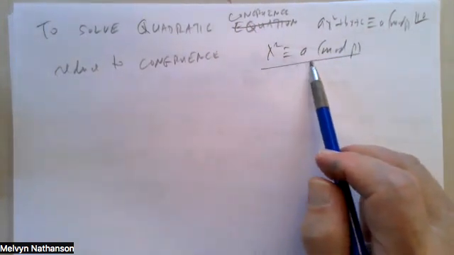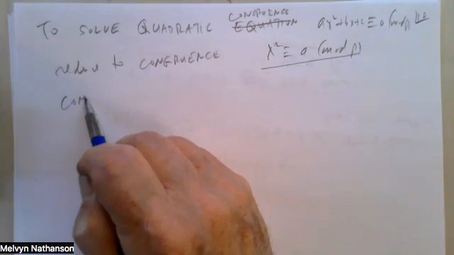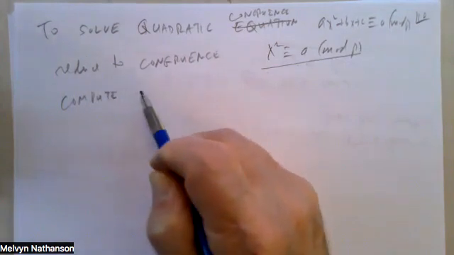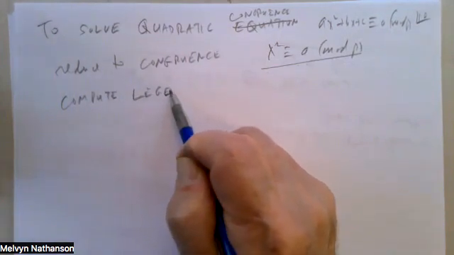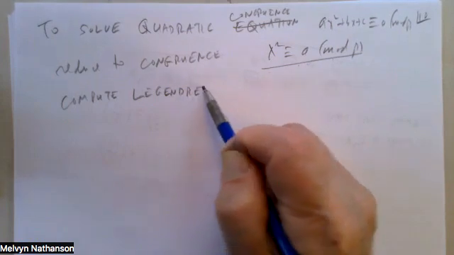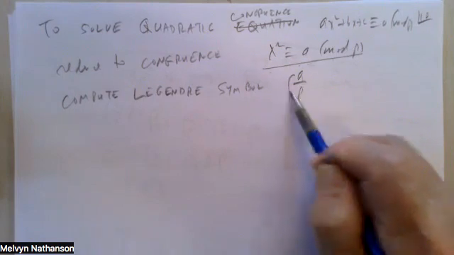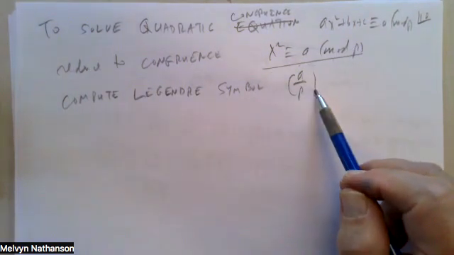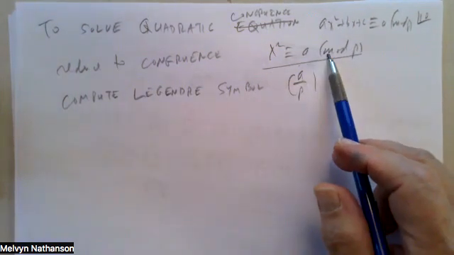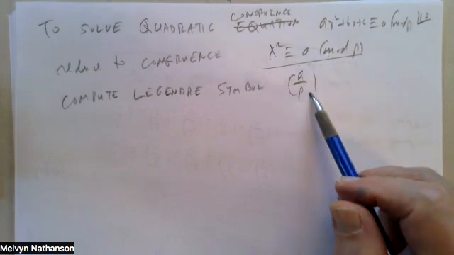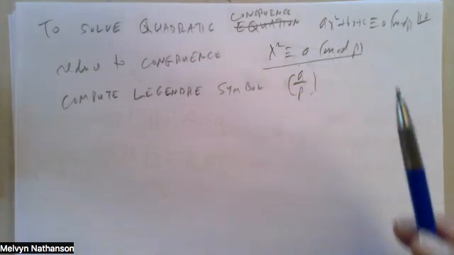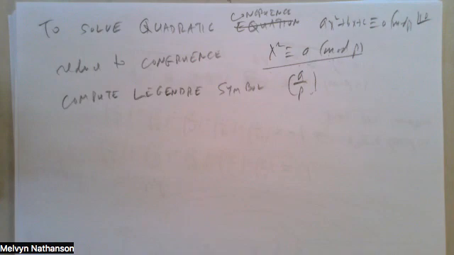And to know if this has a solution, you just compute the Legendre symbol a over p. If this is +1, this congruence has a solution. If the Legendre symbol is -1, the congruence has no solution.